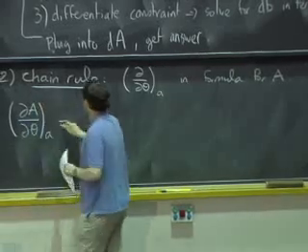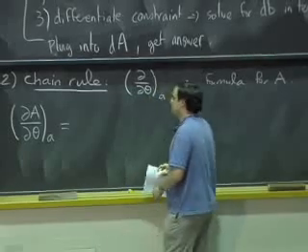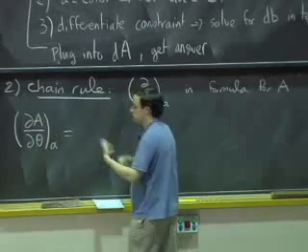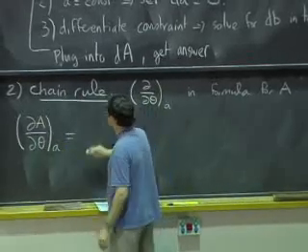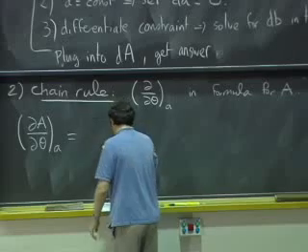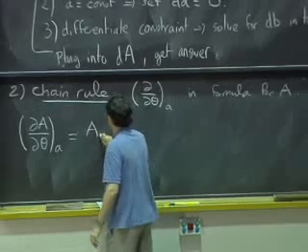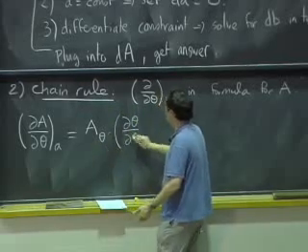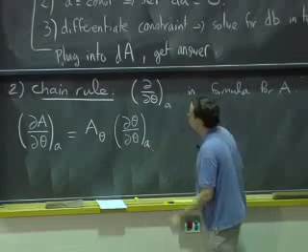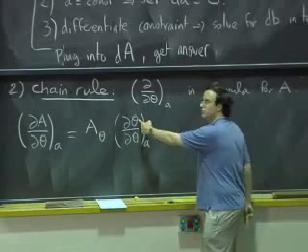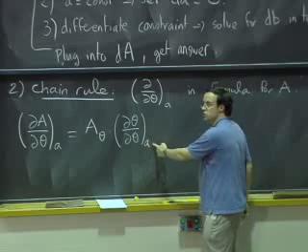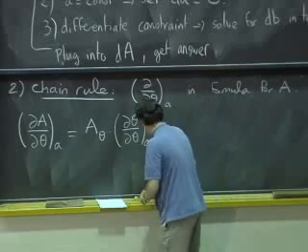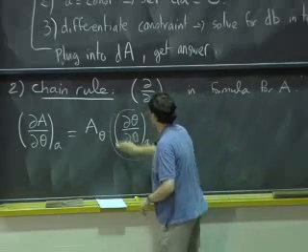So I claim, well, what does the chain rule tell us? It tells us that when we change things, A changes because of the changes in the variables. So part of it is that A depends on theta, and theta changes. How fast does theta change? Well, you could call that the rate of change of theta with respect to theta with a constant. But of course, how fast does theta depend on itself? The answer is 1. So that's pretty easy.